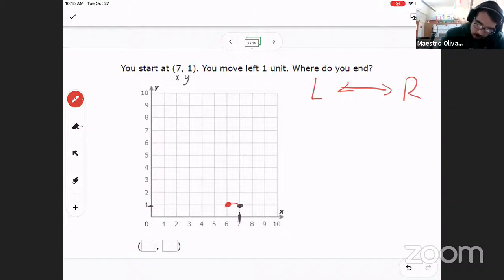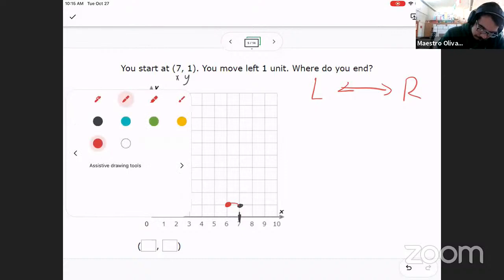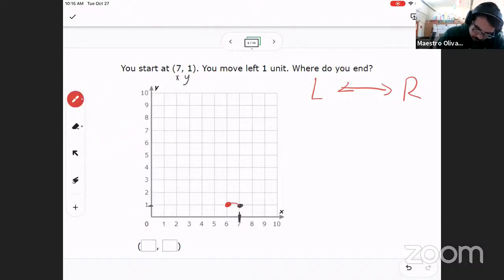What's the x and what's the y? Kathy? Ah, for the red point.